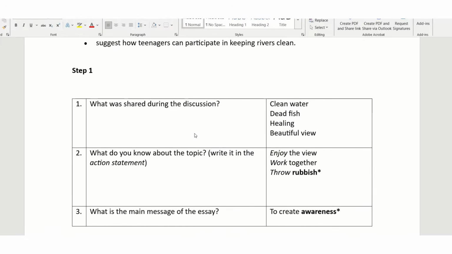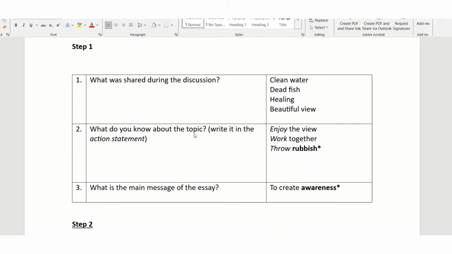And so that is actually the second part of the thinking process that they have to focus on.